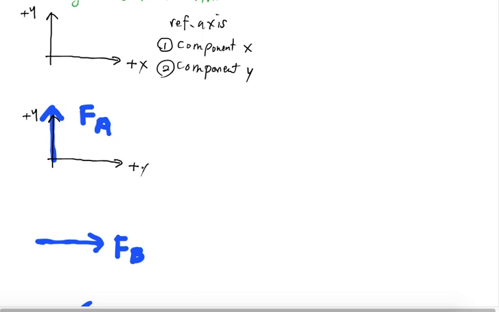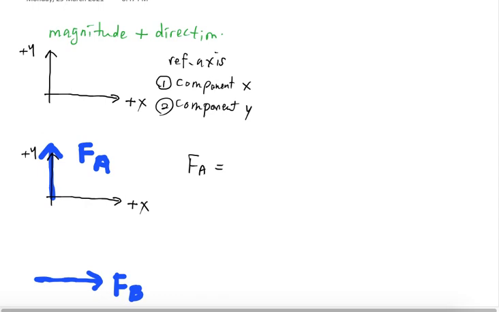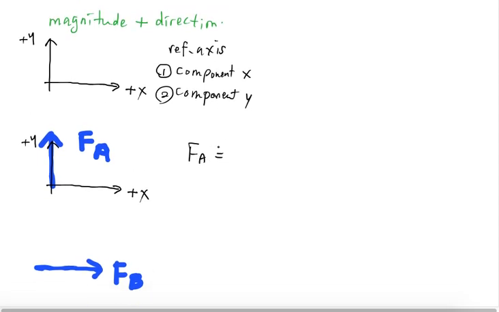For FA, we know that any vector in this reference axis would be an addition of component X and component Y.